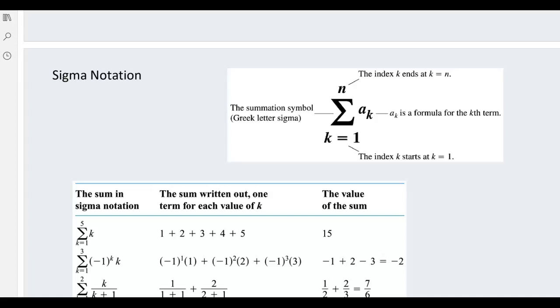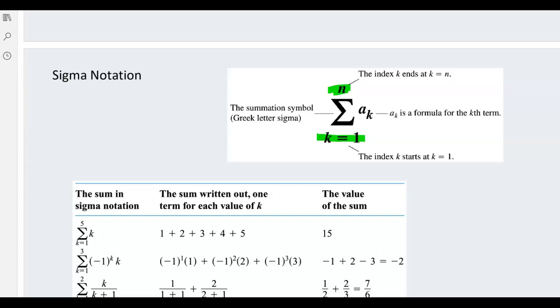We are talking about the Greek letter sigma. It's a capital letter S, which indicates summation. We're taking a number of items and we're adding them together. The index here at the bottom tells us what our starting value is, and then up at the top, this tells us what our ending value is. And we use this as a counting mechanism.